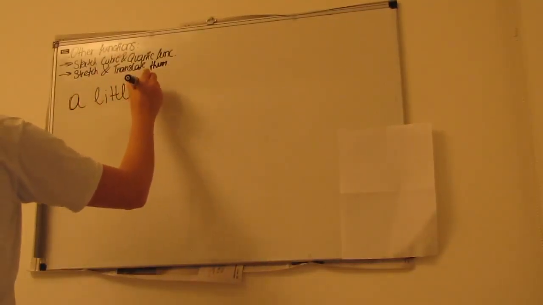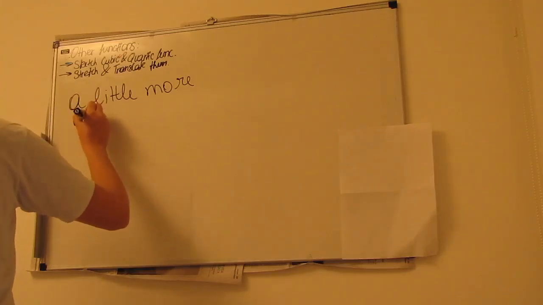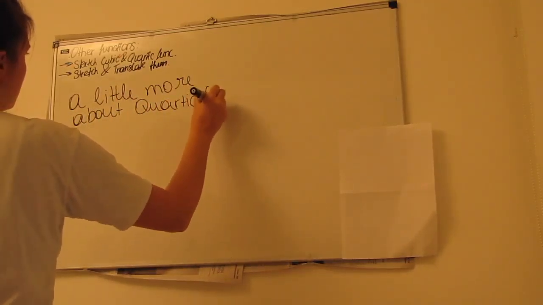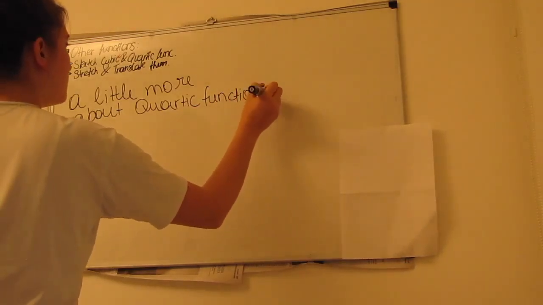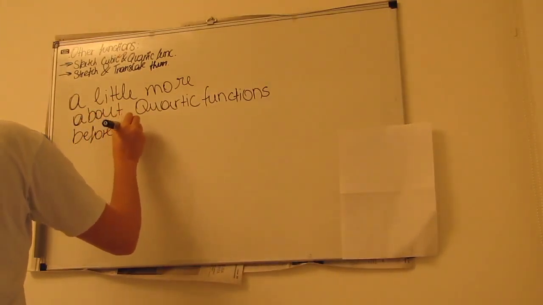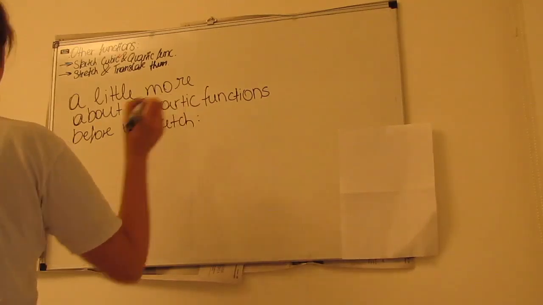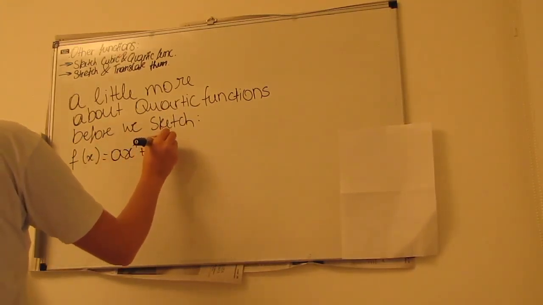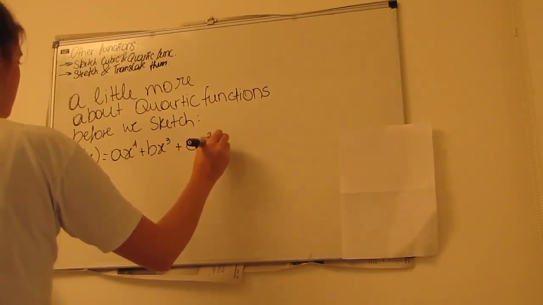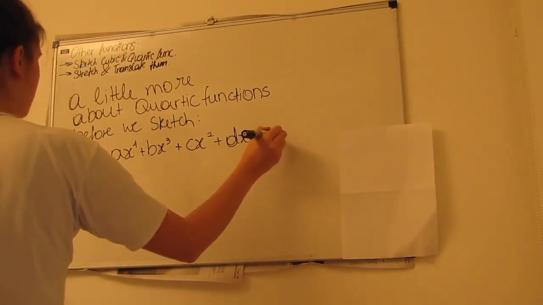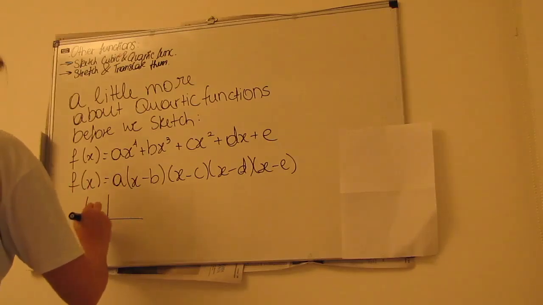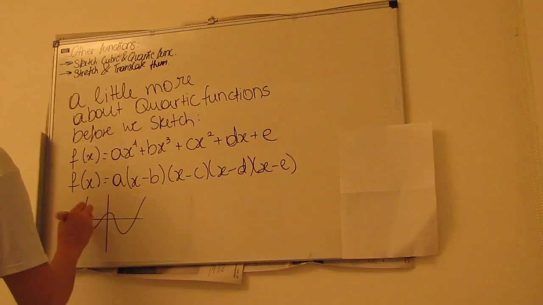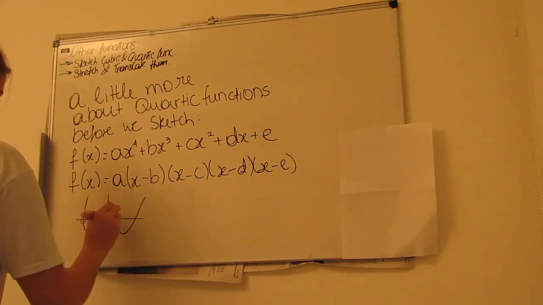Now that we have finished and ticked off sketching cubic functions, we're going to talk a little bit more about quartic functions, because it's a new kind of function that we haven't really seen before, and I think it's important to talk about the function before we actually start. We have already talked about the formula of the function, and we know that the highest power of the function is 4. We can talk about factorizing the function and graphing the function and its W-shaped graph.